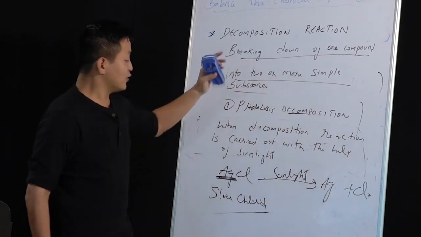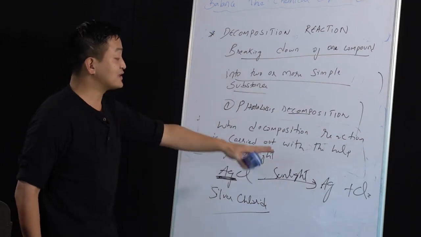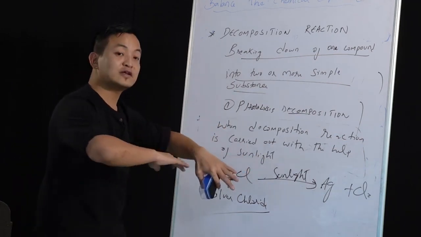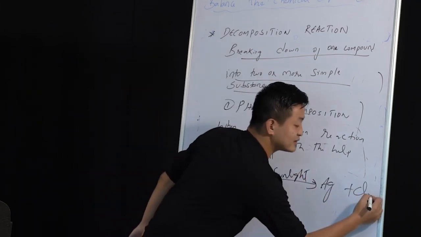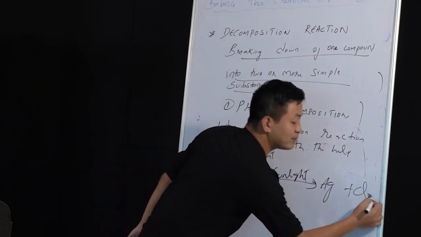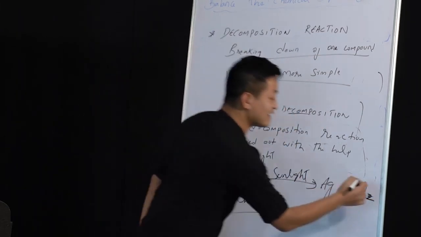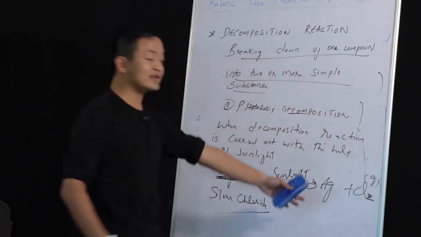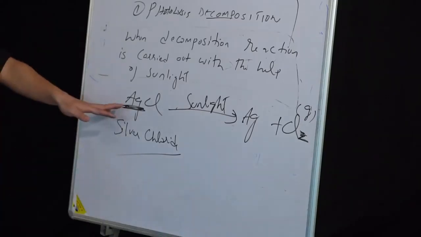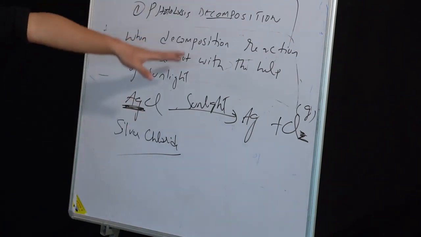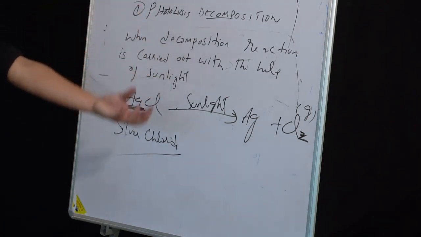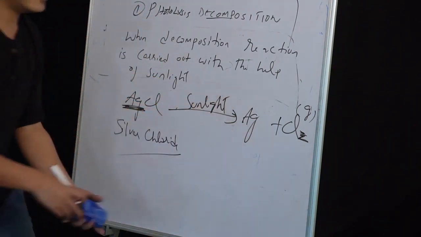By passing sunlight, we'll get silver and chlorine will be separated. Clear? So chlorine will be passed out in the form of gas. So now we get silver. Before it was AgCl, but with the help of sunlight, now we are able to obtain the silver.